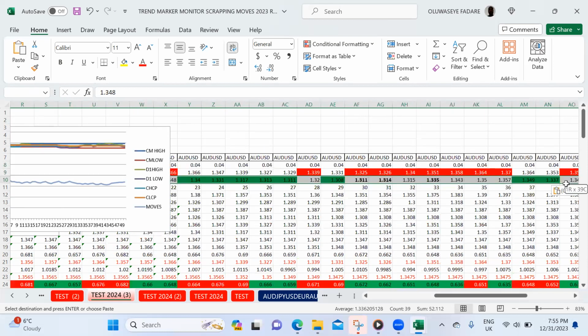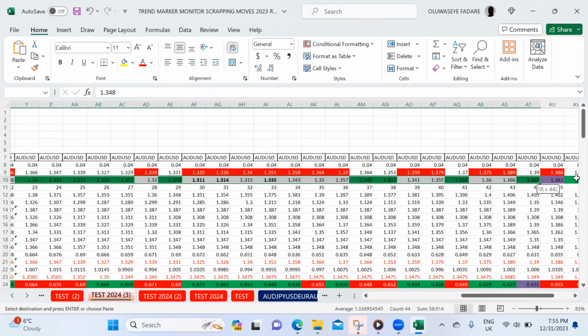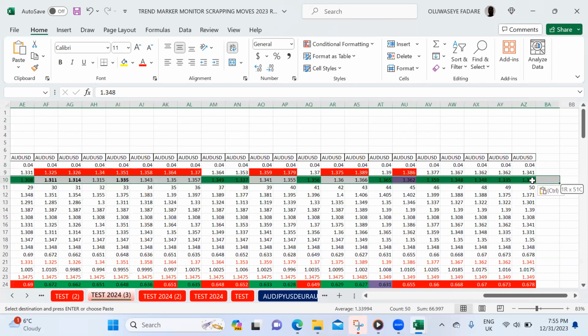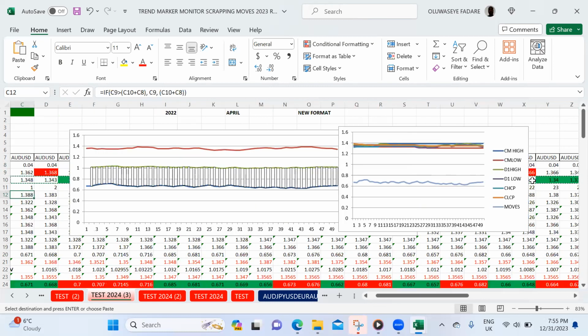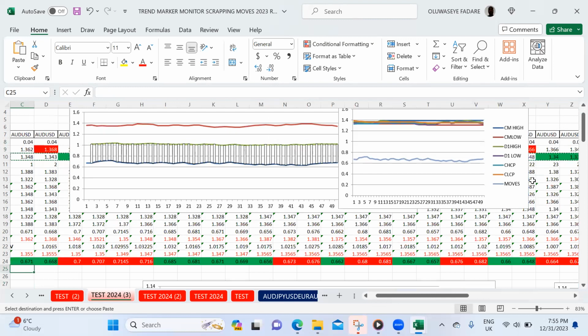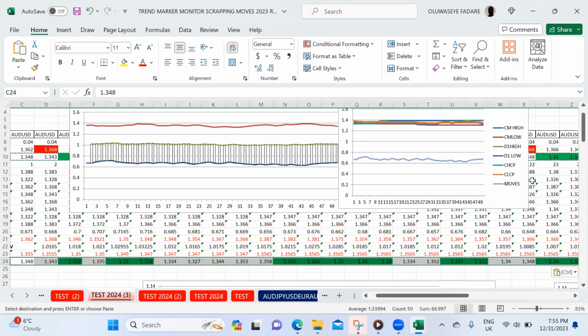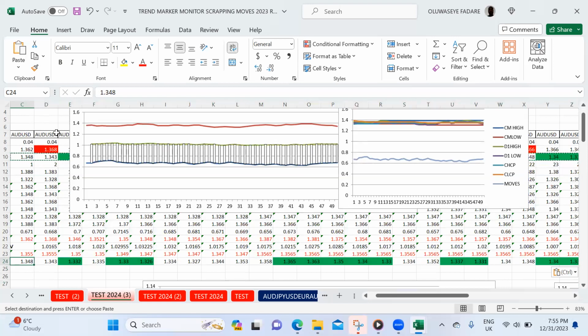So you can see that the market has changed itself. So it's because, you know, like I said, we are using an old formula. So we need to follow the rules, okay?